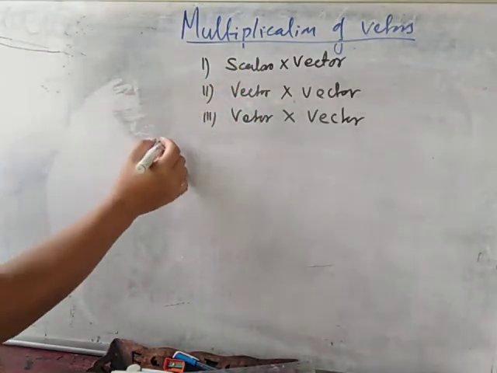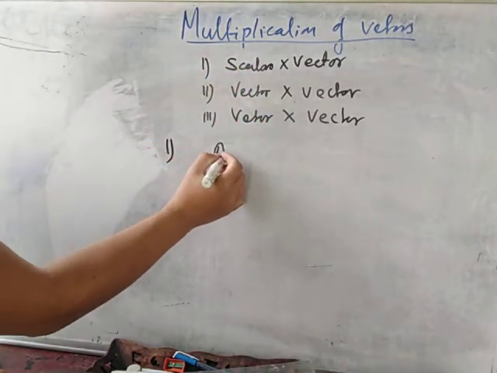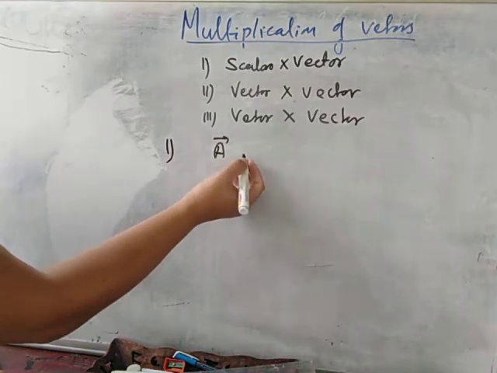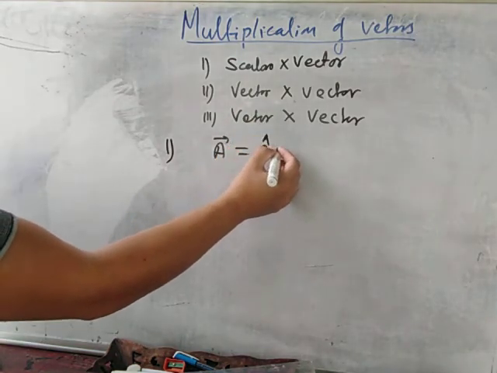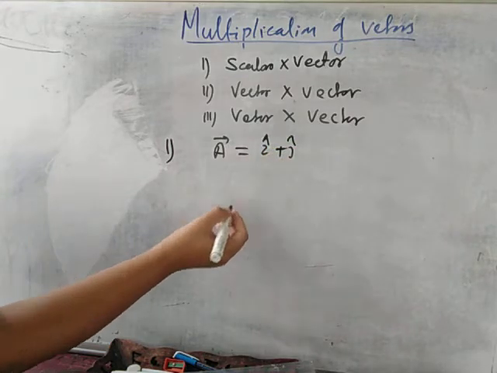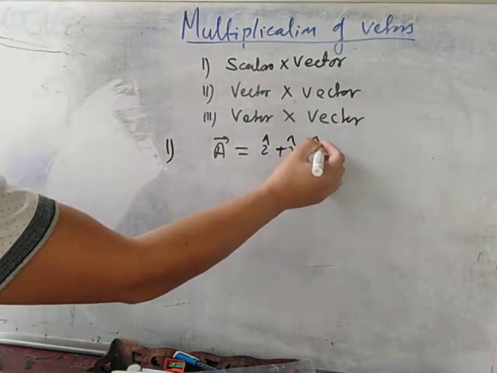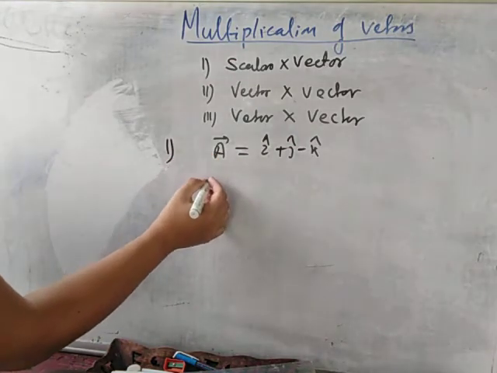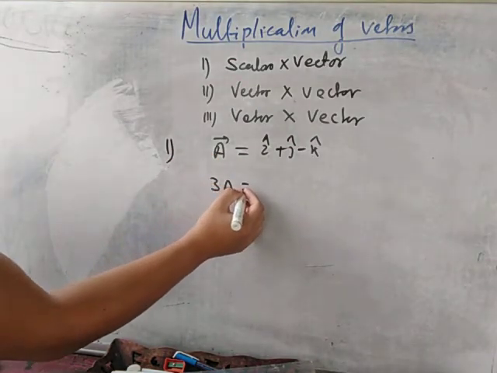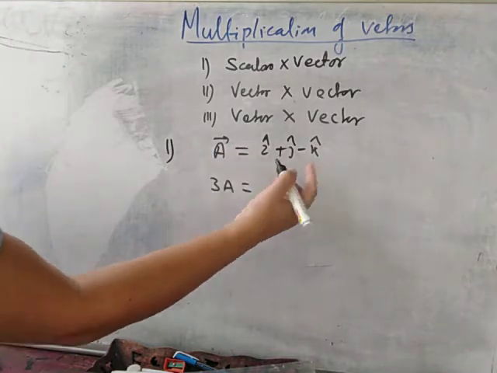Okay, so let me introduce first this one. First, scalar. If I have vector a, like this is your vector a, i cap plus j cap minus k cap, and you want to find 3a, then what will you get? Multiply the whole thing by 3.